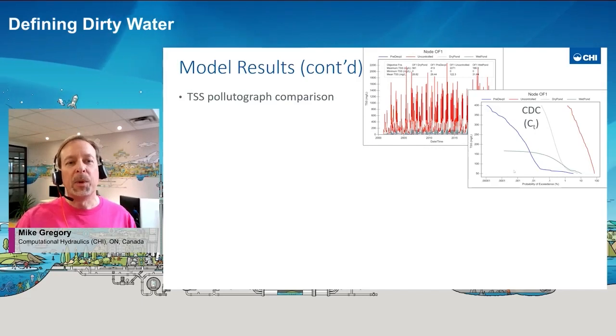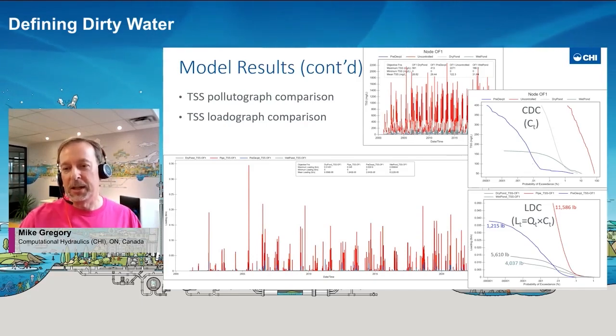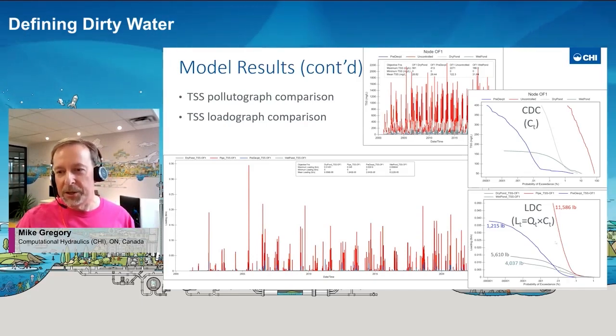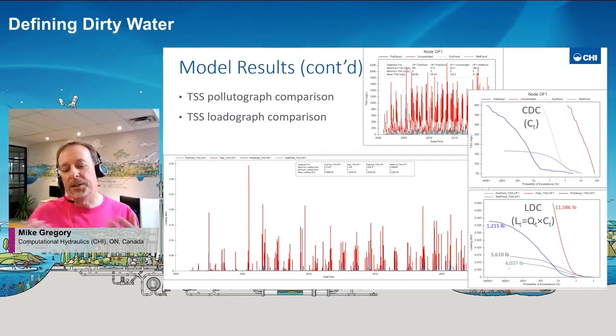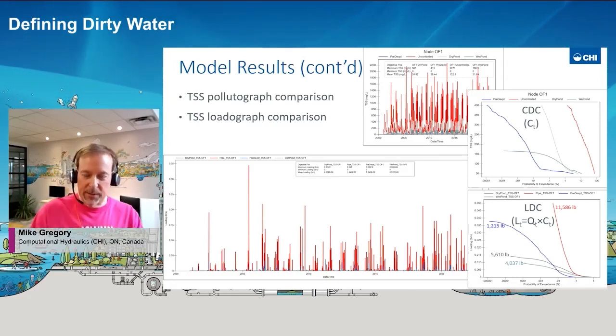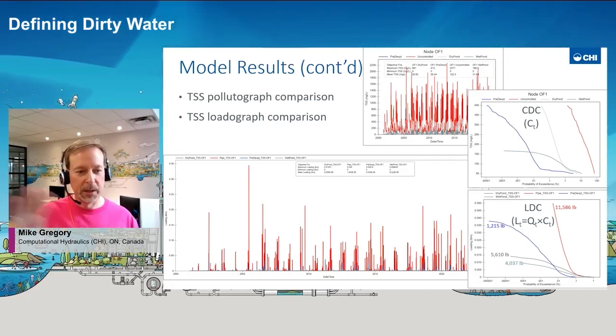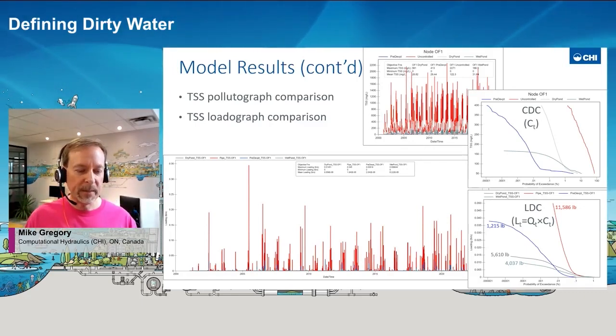But then if we put it all together with what I call the loadograph, so again, multiply the flow times the concentration at every time step, put it all together, here are your characteristic curves. Both ponds do a good job. The wet pond, as you would expect, reduces the total load quite a bit more than the dry pond. So that helps refine your best option in terms of long-term removal efficiency for TSS.